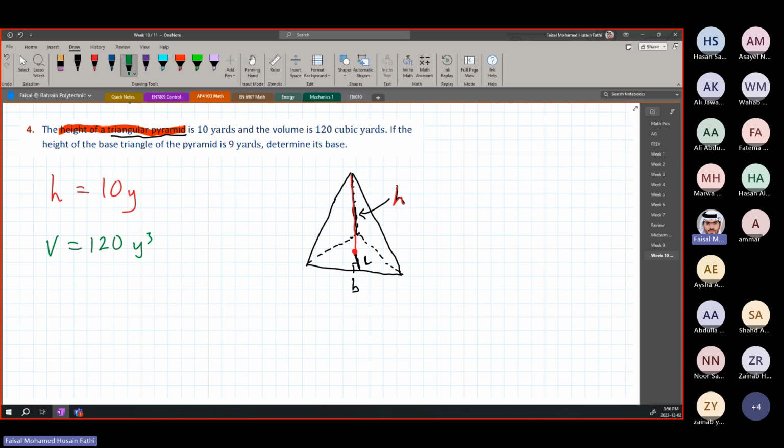If the height of the base triangle of the pyramid, يعني, if we look at this shape over here, this base triangle, okay? If we look at this shape, which is the base triangle, when we take it out and draw it by itself, it will look something like this.